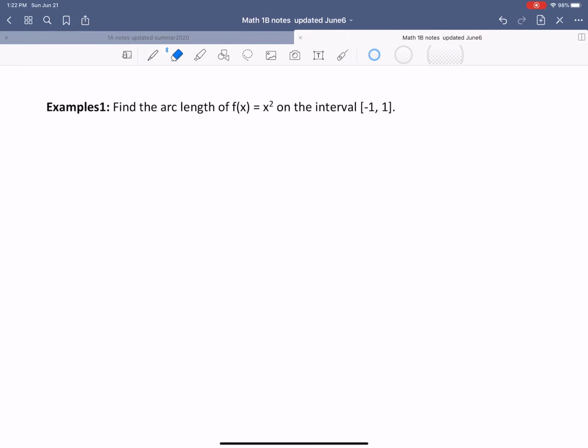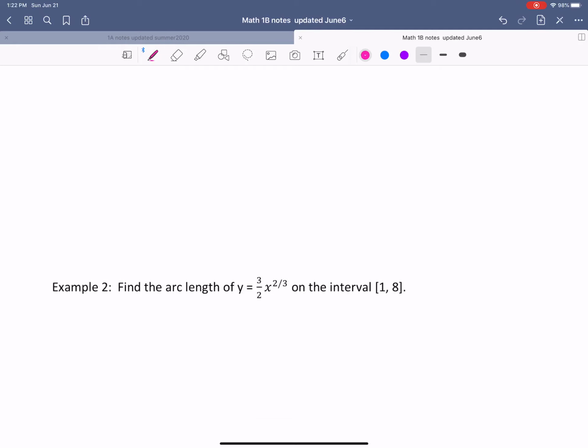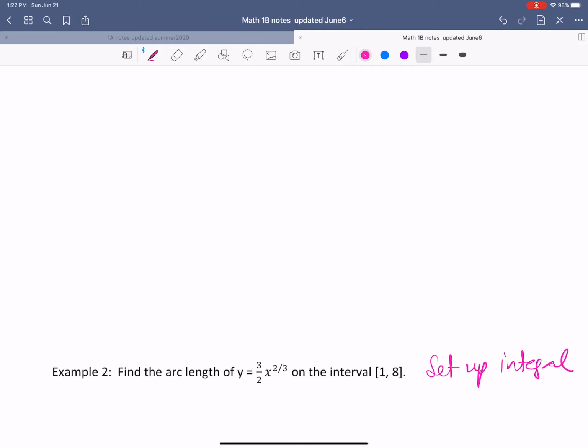Okay, for the first two parts, I'm only going to set up the integral just so that we get the hang of how to set up the integrals. So for part A, or number 1 and number 2, I'm only going to set up the integral.